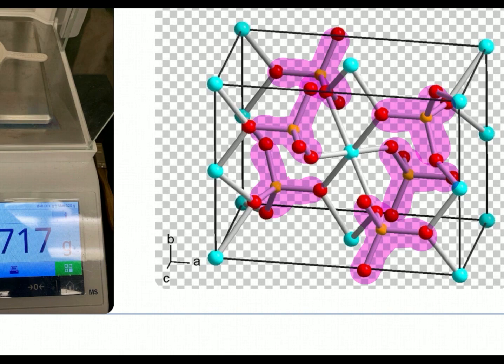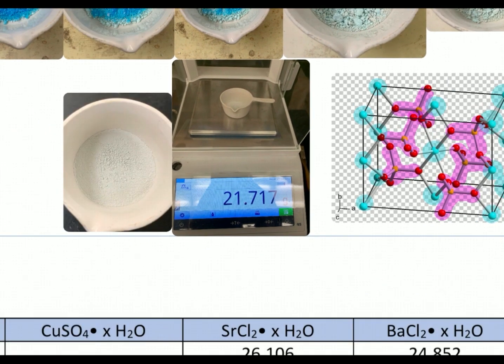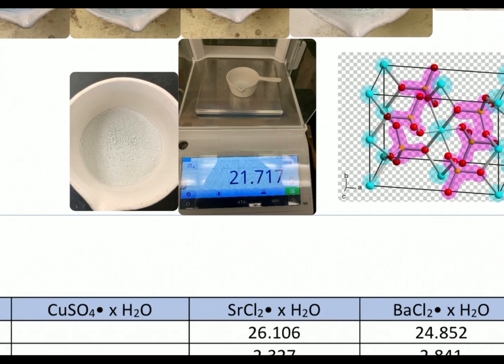And then the other guy you're going to see is the copper cations, copper plus 2 cations. There is no water in the lattice at this point. So that's the difference between hydrated and anhydrous, is all the water has been evaporated out of the lattice.